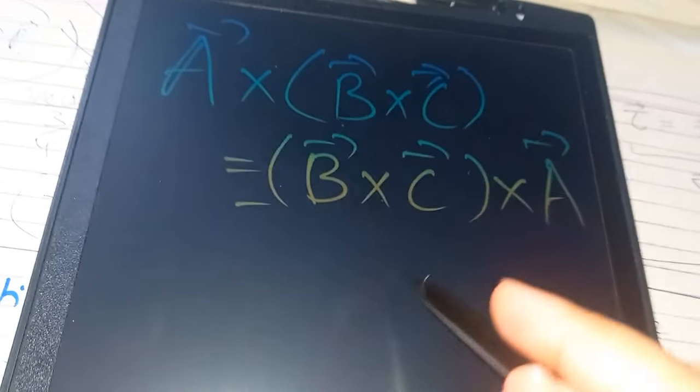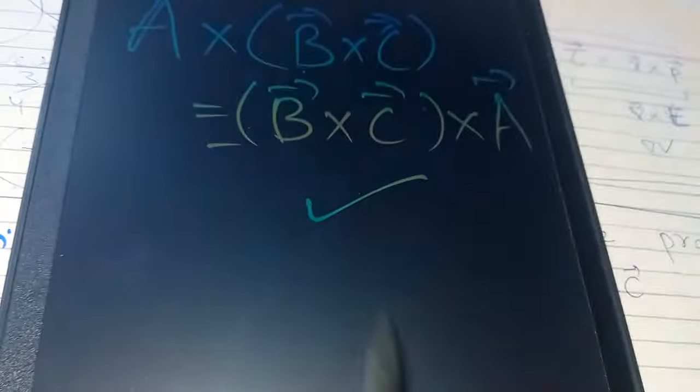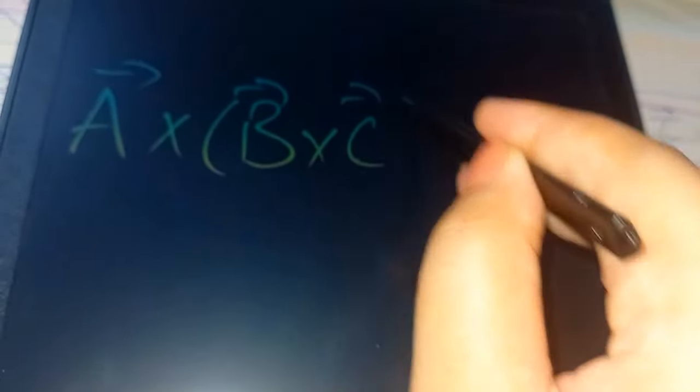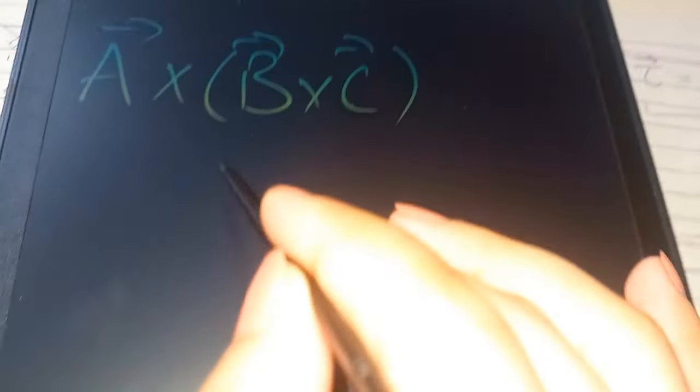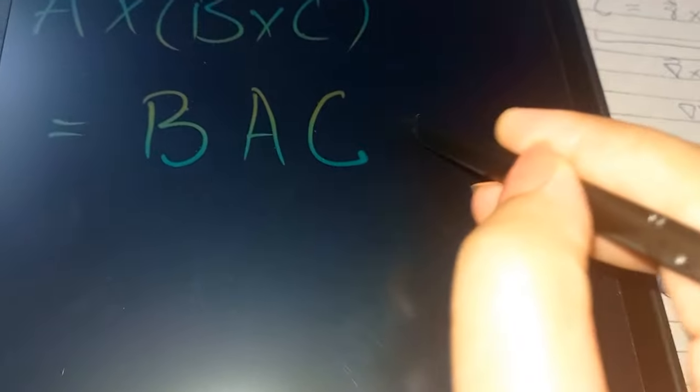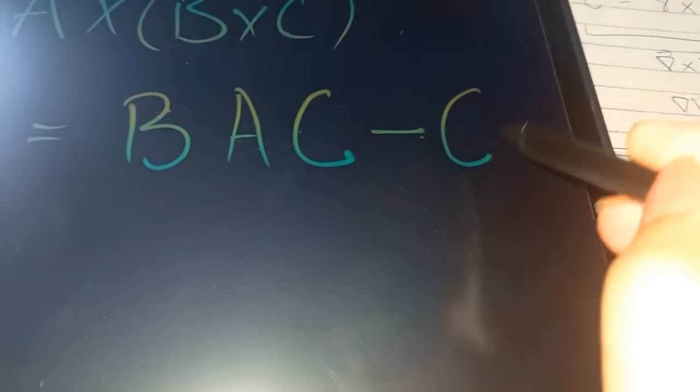So yes, this is the vector triple product, and there is an easy rule to calculate it. If you have this thing, then it is equal to the back cap rule. BAC minus CAB.